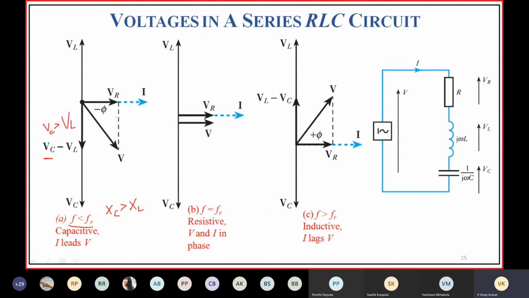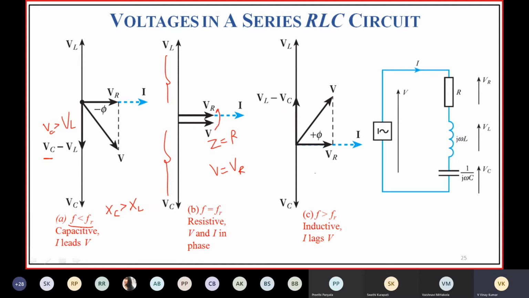Then you are going to have a phasor diagram like this. Here Z is equal to R, VL is equal to VC. When VL is equal to VC, V is equal to VR only. That's why here V is equal to VR.